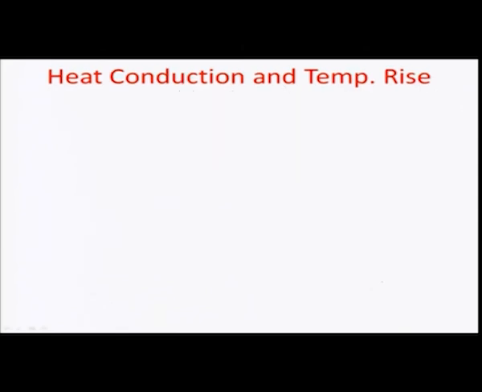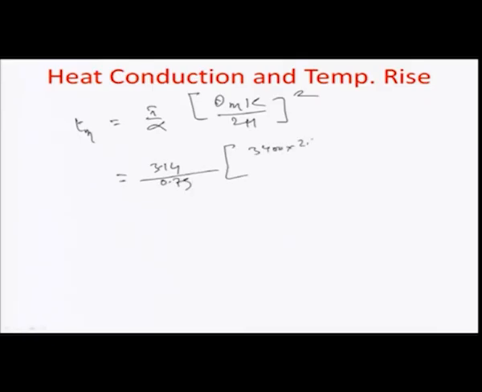So, that is how much power gets coupled, and we can find out the machining time t m very easily by using the expression derived earlier, pi by alpha times theta m k by twice h, whole square. So, it is 3.14 divided by 0.79, and theta m is 3400 times 2.15 by twice 10 to the power of 6, so many seconds.